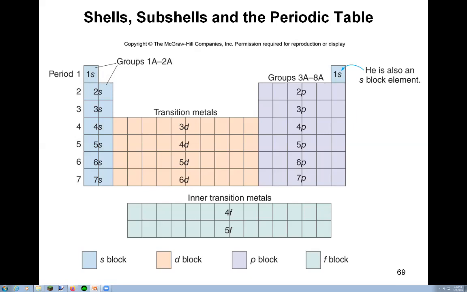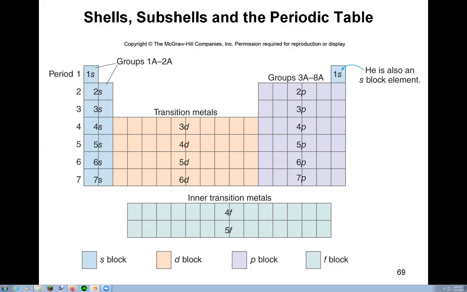Remember that these inner transition metals should normally be located between the s block and the d block at the level of the 6th and 7th period. So the periodic table would be much wider and start on the left with the s block, then the f block at the level of the 6th and 7th period, then the d block from the 4th to the 7th period, and then the p block from the 2nd to the 7th period.